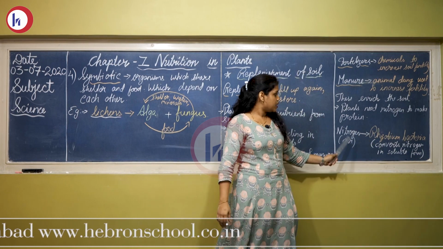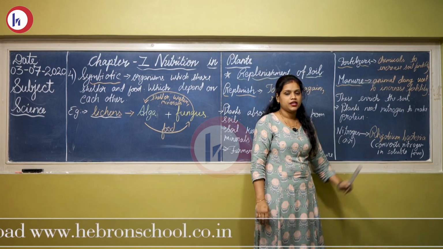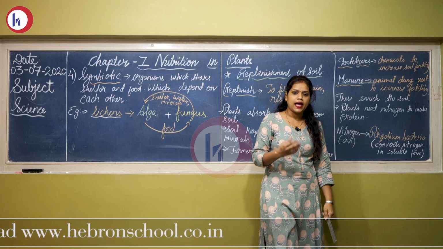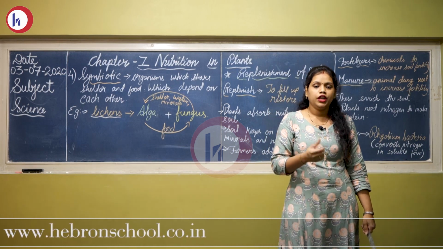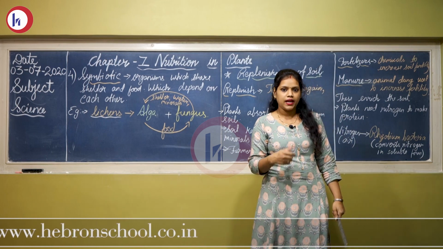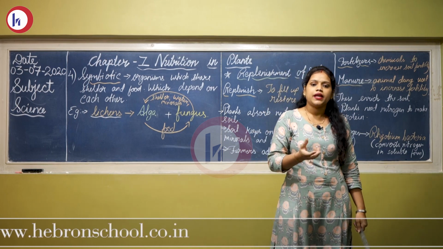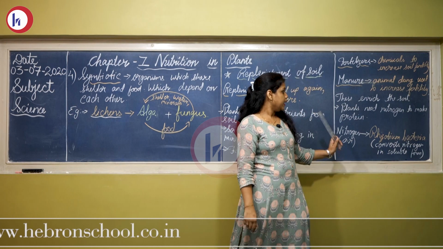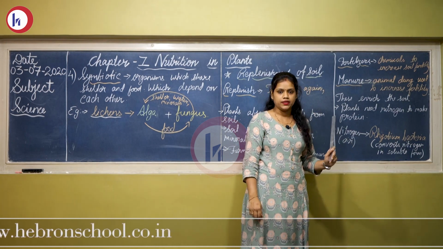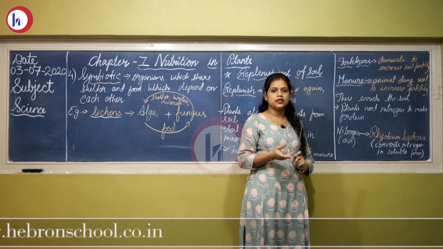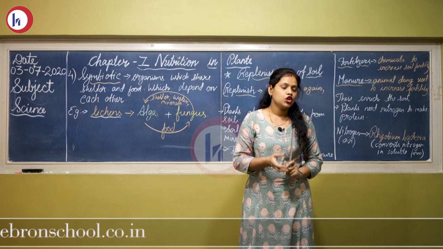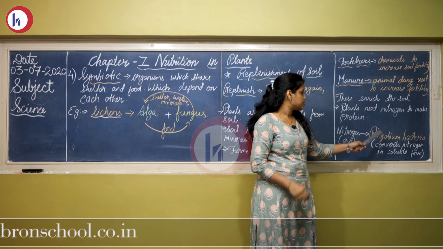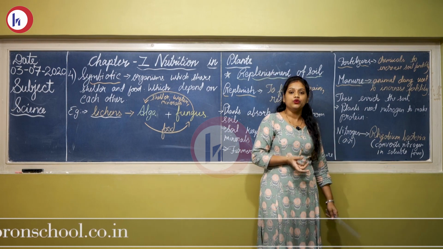Here comes Rhizobium bacteria. Rhizobium bacteria help to convert nitrogen from the air into a soluble form so that plants can absorb it. Some leguminous plants, like grams, peas and all the pulses, have Rhizobium bacteria in their roots.